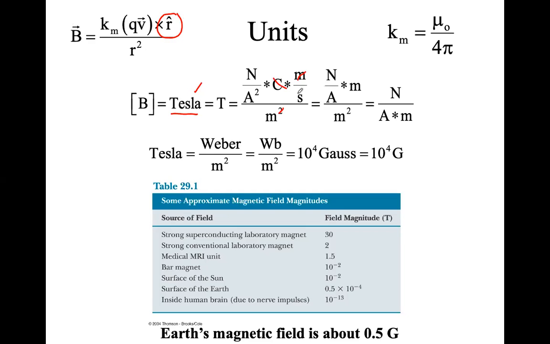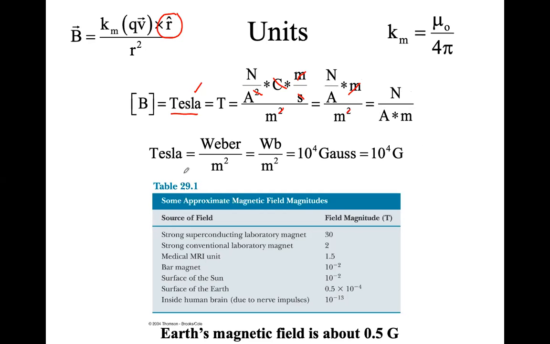And a Coulomb per second, well, that's the same as an amp, so it cancels one of those. And I think what I'm left with is a Newton per amp. I canceled the meter in the last slide. So a Newton per amp divided by a meter, that amp can actually move down into the denominator. And so the unit of a magnetic field, which is a Tesla, is a Newton divided by an amp meter.